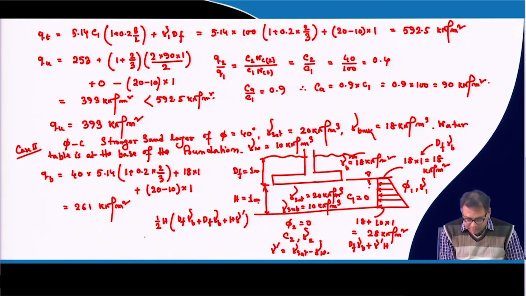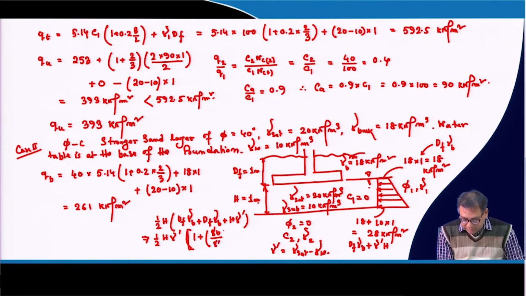So I can write this equation further as half gamma dash H square, into 1 plus, and there will be gamma bulk divided by gamma sub, term 2, dF by H. What I have done is taken H gamma dash common.